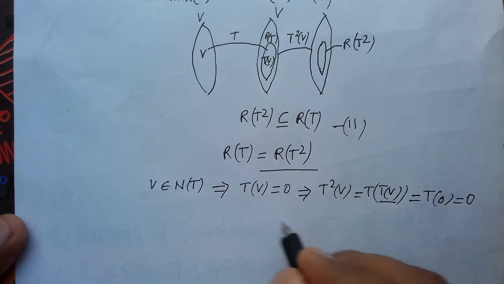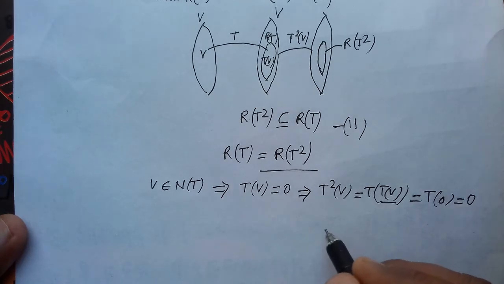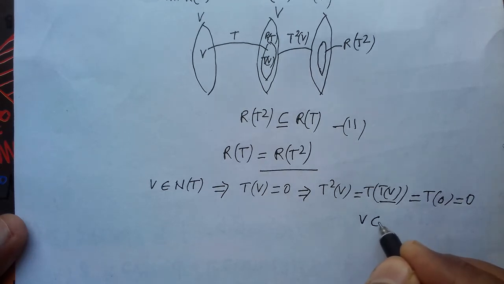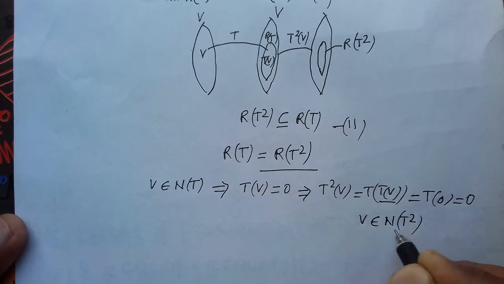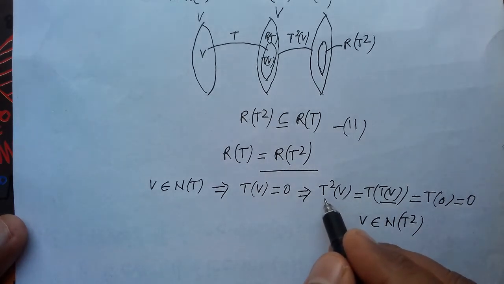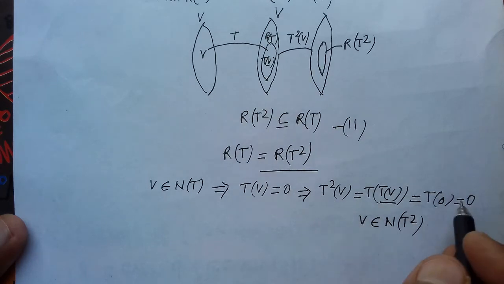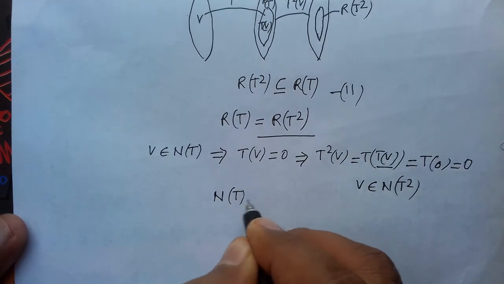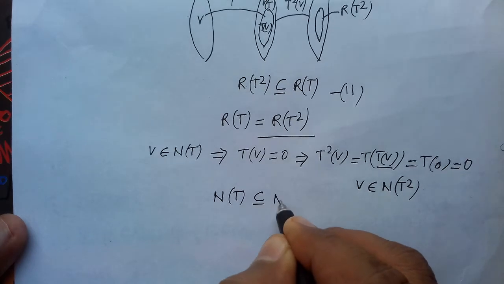So V belonging to NT leads to V belonging to NT squared, because here you see that T squared V is 0. So NT is a subset of NT squared.